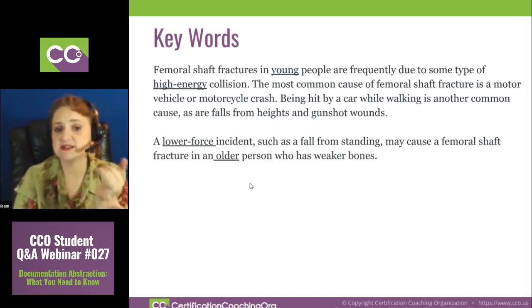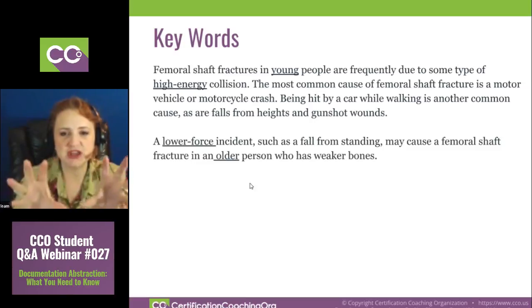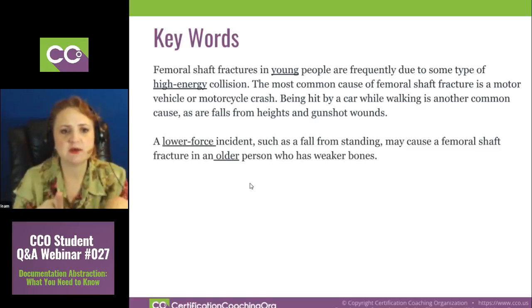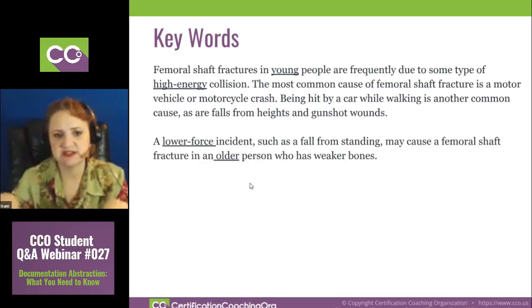It's pertinent that this is going to tell us something about young. And if it talks about young people, then it's probably going to talk about older people as well. You can assume, but young, what's different in the young? High energy collision. So we're just looking at this real quickly, and we know, okay, they're going to tell us something about, frequently, if it's a young person, it's going to be high energy, and they even give examples.